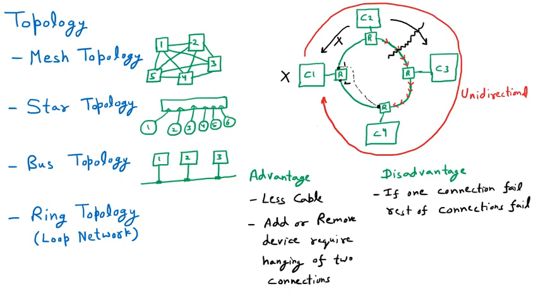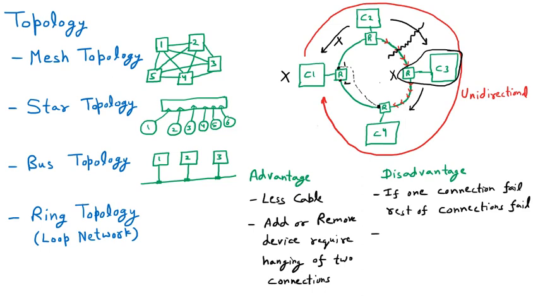We have a solution for this particular problem. Yes, you know it: bidirectional. Now, one more thing. It is not only the connection break. Let us suppose that this whole system is not working. If this system breaks, the data will again not pass here, because it is coming via this particular path.